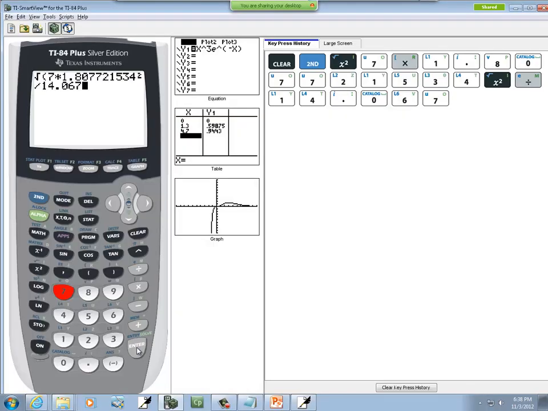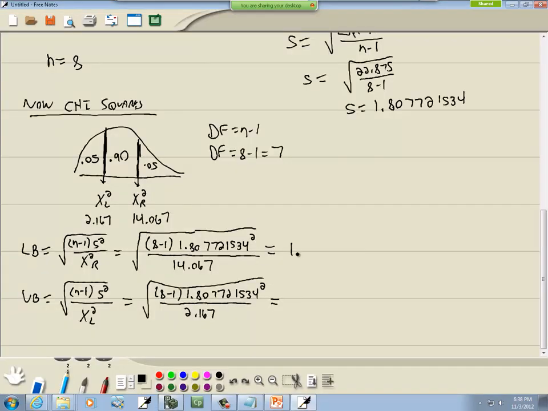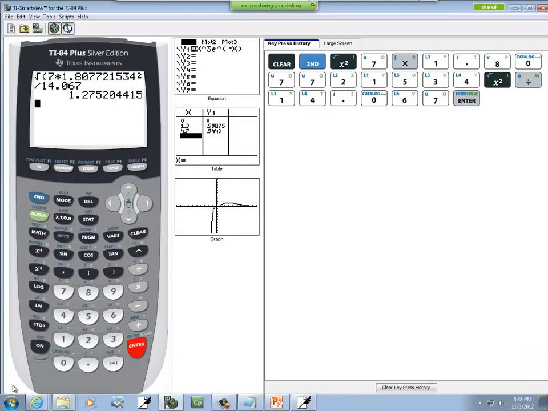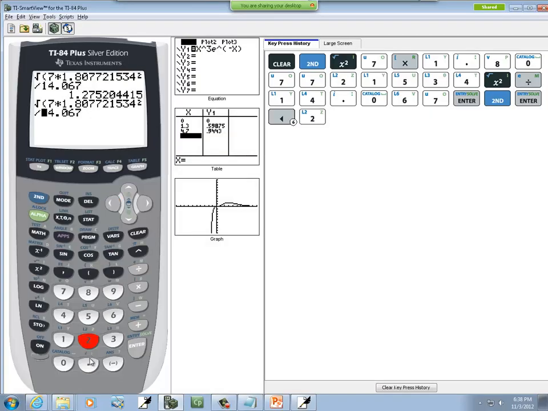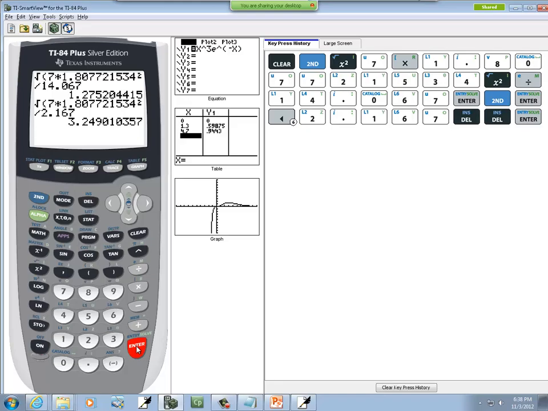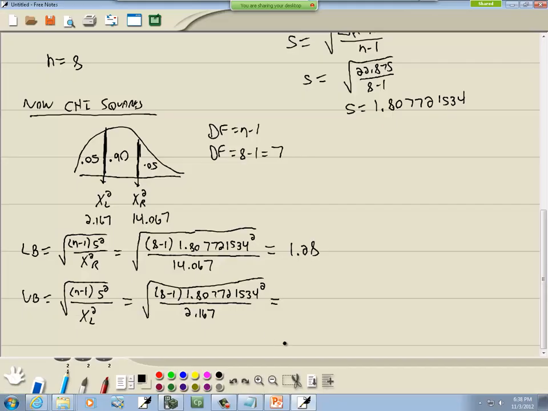So we have typed everything in correctly. Press enter. I'll take this to 2 decimal places and we get 1.28. Well, I'll do the same thing for the upper bound. I'm going to just do a second enter to bring up the previous entry. And I'll do my left arrow key back. And we want 2.167. And enter. And we get 3.25.